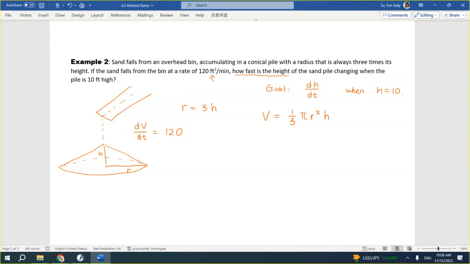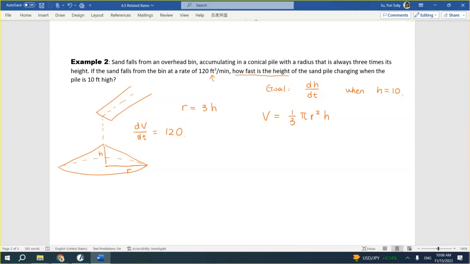Right. So this is the volume. And do you see we have the relation between h and r? But we're looking for dh/dt. So it's better to get rid of the r. Yeah? So let's get rid of the r.